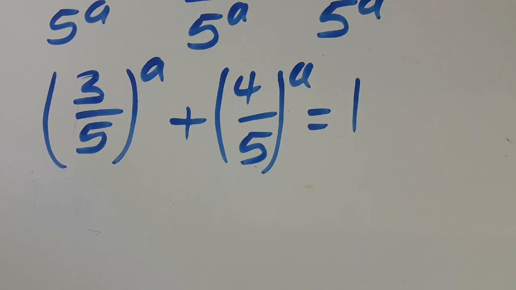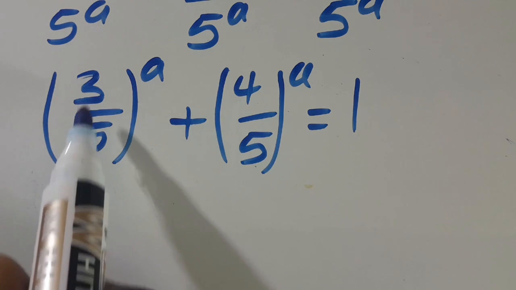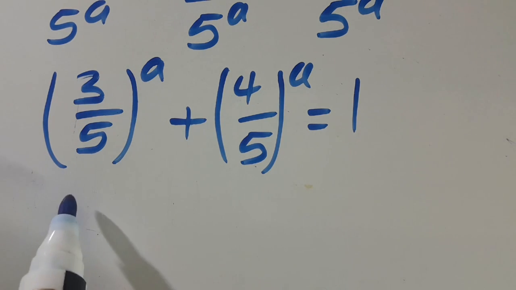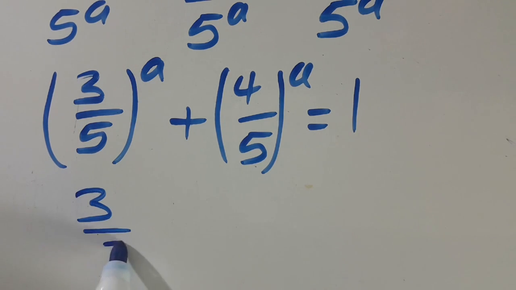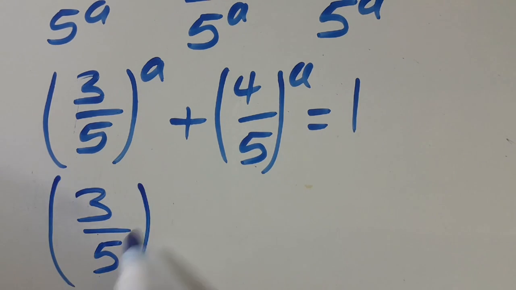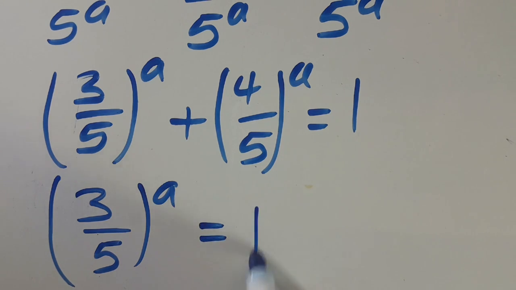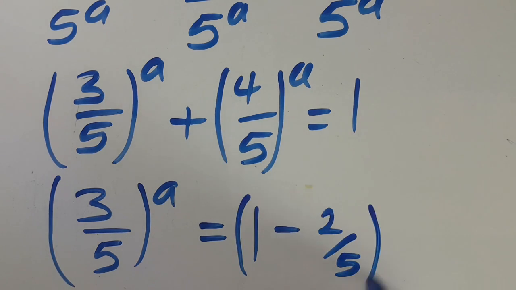So guys, we can resimplify this 3 divided by 5 as 1 minus 2 divided by 5, all in bracket, to the power of a.